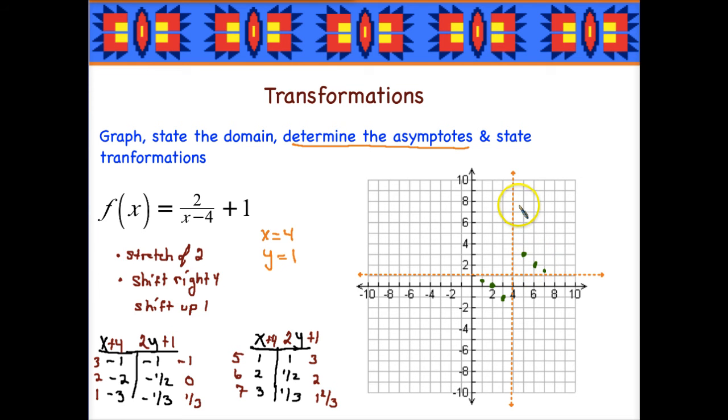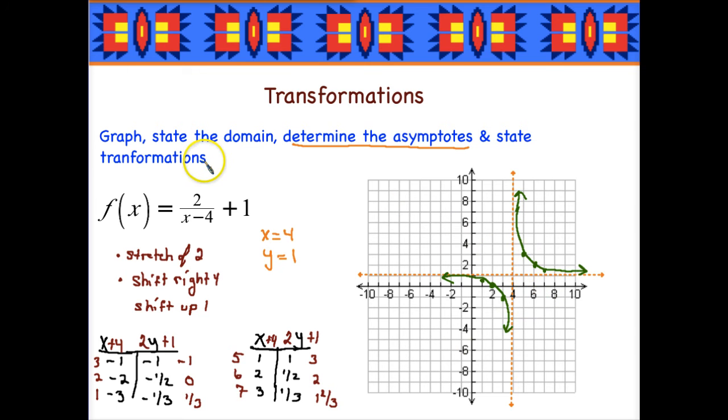So these points are going to form a curve, and the ends will come up very close to these asymptotes, but again, never cross them or never touch them. I'm getting as close as I can.